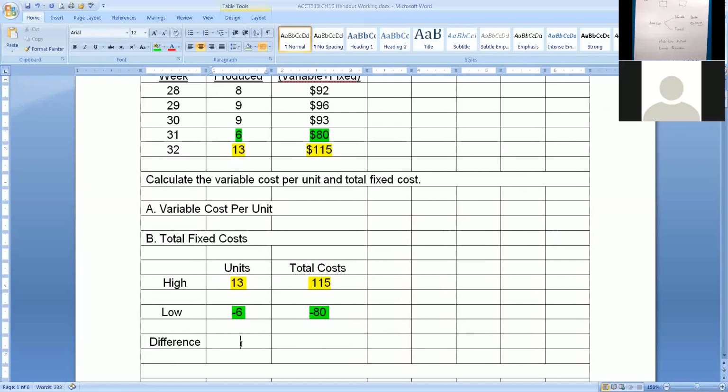Negative there. So the difference between the two, 13 minus 6 is 7. And 115 minus 80 is 35. Dollars in front of those. Okay.